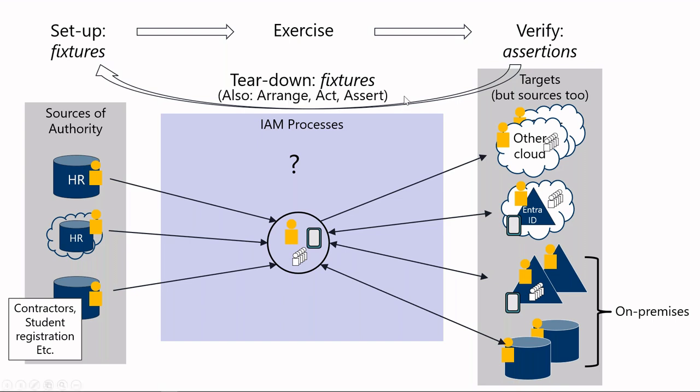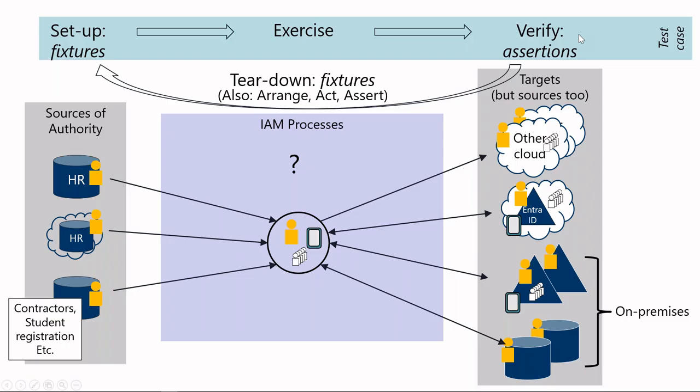You may be familiar with a different set of terminology: arrange, act, assert. And if you want the fourth one, it would be annihilate, and they correspond to set up, exercise, verify, tear down. Now, if we set up, exercise, and verify, that's a test case. And actually, tear down is another test case, and we will look at some of these shortly.